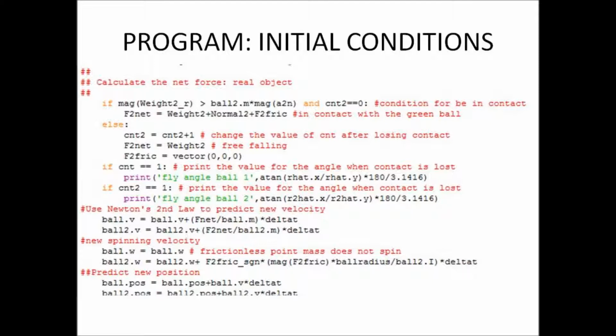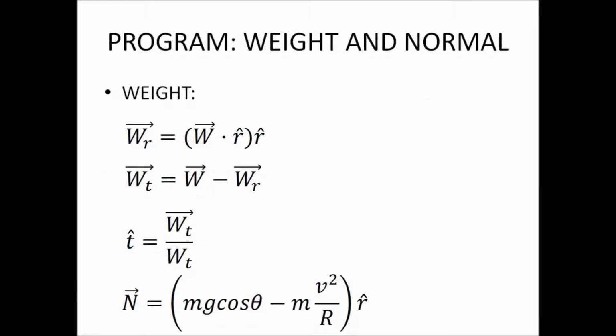The net force needed to calculate the new velocity and position is going to be the weight when in free fall and the sum of the three forces involved while rolling. We have used the inner product to calculate the radial component of the weight, and we have computed the tangential weight as the difference between the weight and the radial component.